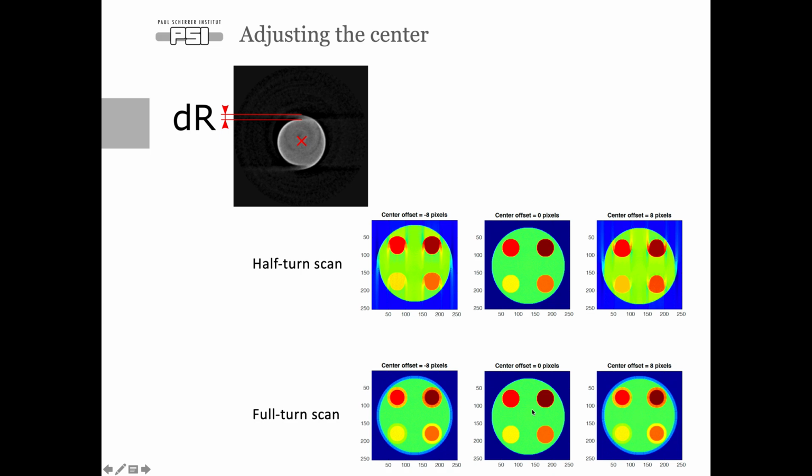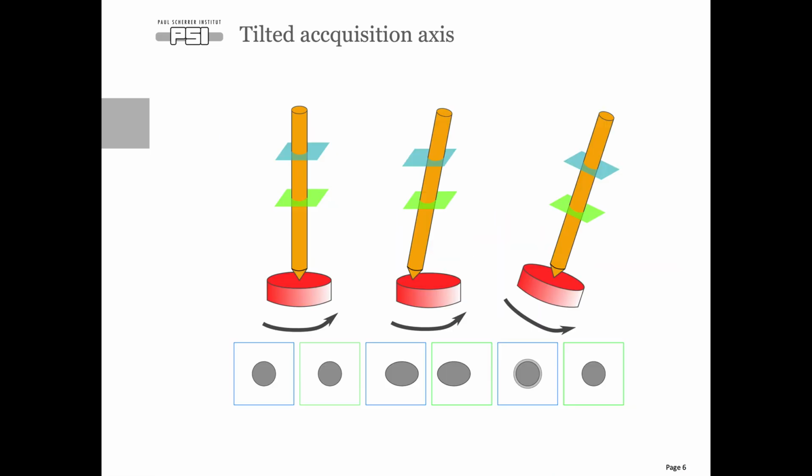The last thing that we are going to look at is the tilt of the acquisition axis. Ideally, you should have the rotation axis perfectly aligned with the pixels in the detector. What normally is done is that you align the table with the water level, and also with a perfectly vertical line on the detector.